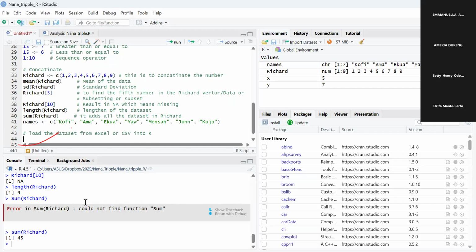Do you all have the data that I gave you? Yes, Prof. Okay. So if you all have the data set, thanks be to God. I am going to show you ways of loading that data set. There are so many ways of loading it. I will give you the manual approach first.